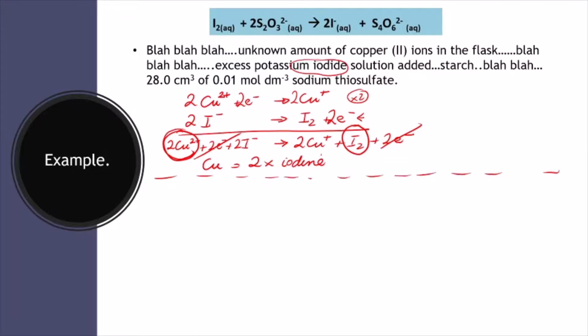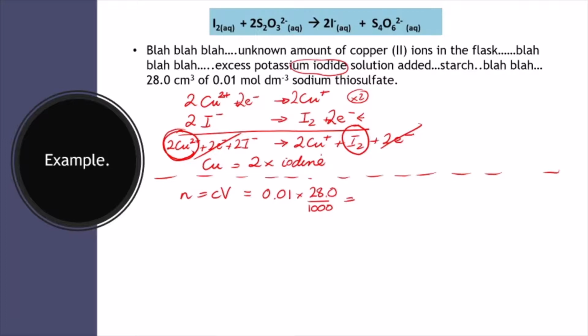So we titrate it, and of course with titrations, I did say the first thing to do is work out how many moles you added. So we've got 0.01 times 28.0 divided by 1000. That's going to be the number of moles of sodium thiosulfate we've added.